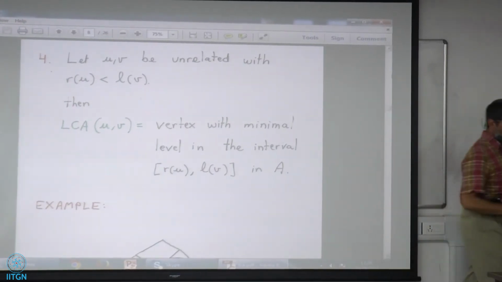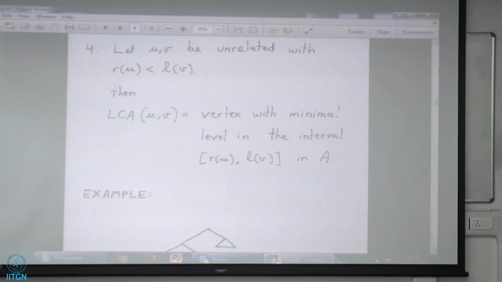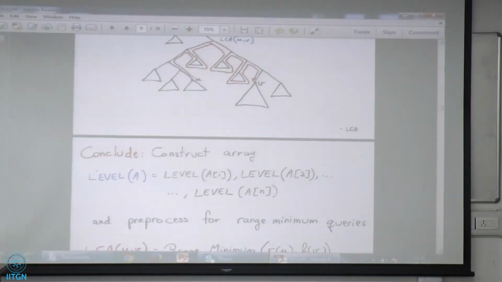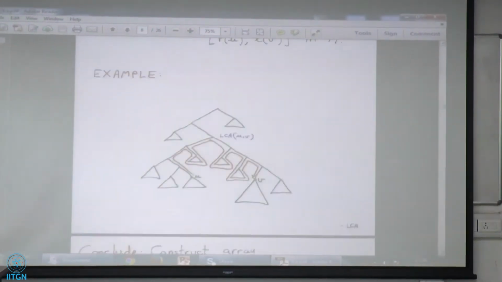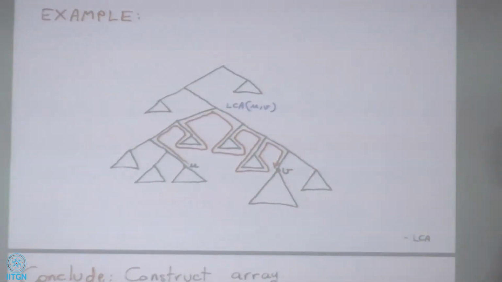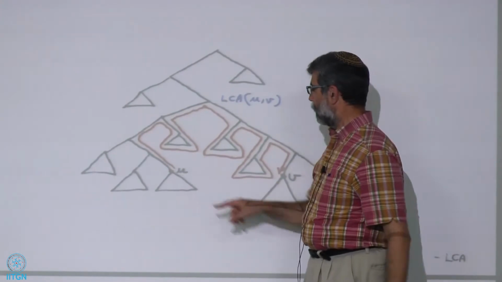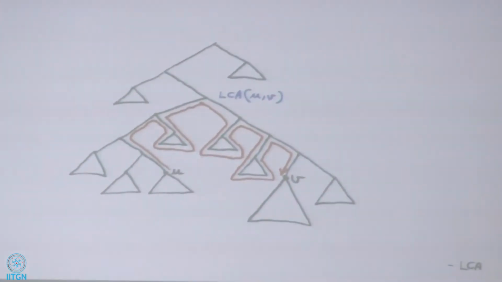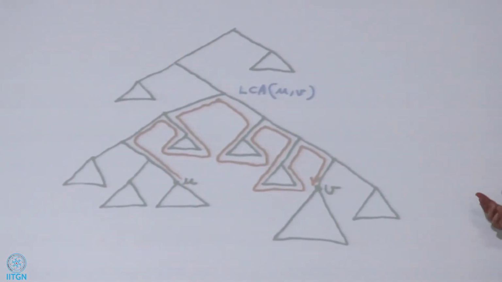Let's look at the example. Here we have U, here we have V, and what did the Euler tour do?